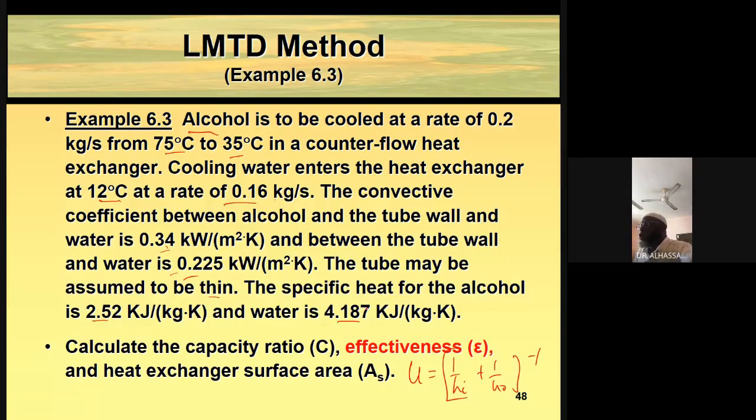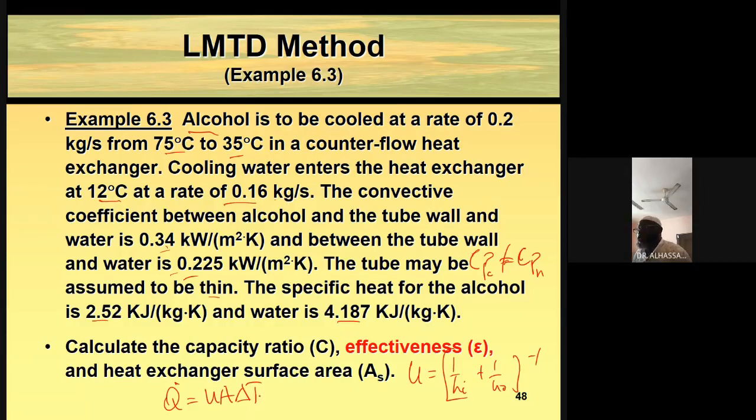So what do you observe over here? Here the Cp for the cold is not equal to the Cp for the hot. So it means you cannot directly use the equation Q equals UA times delta T. You understand? Because the specific capacities are not the same.